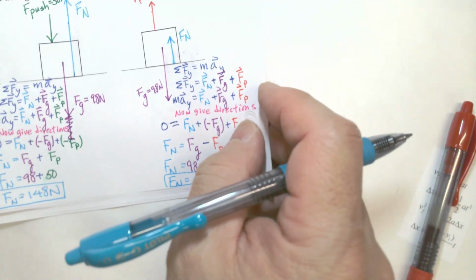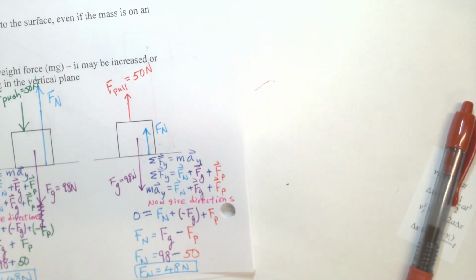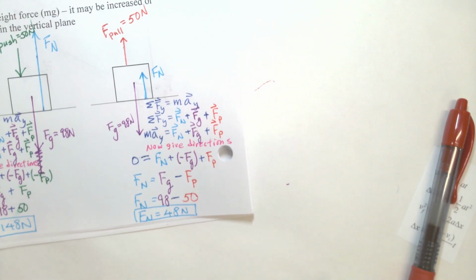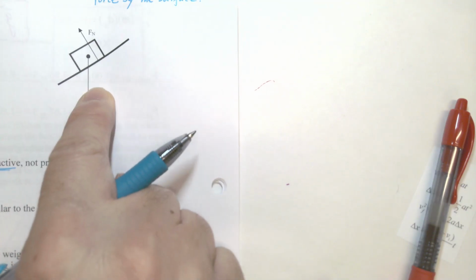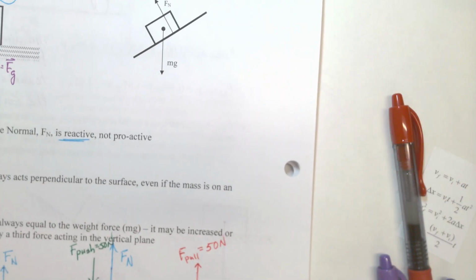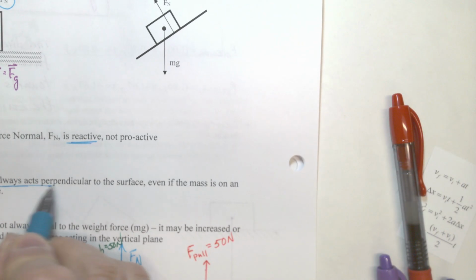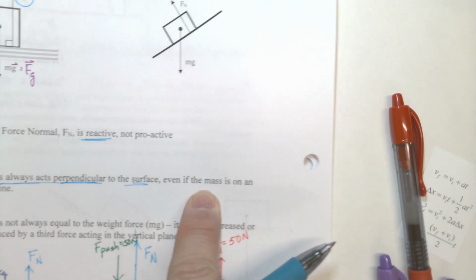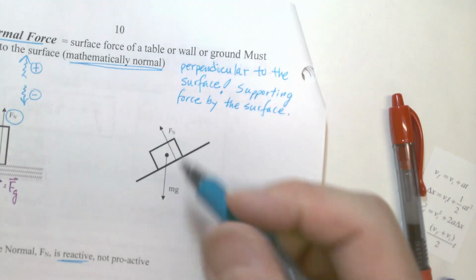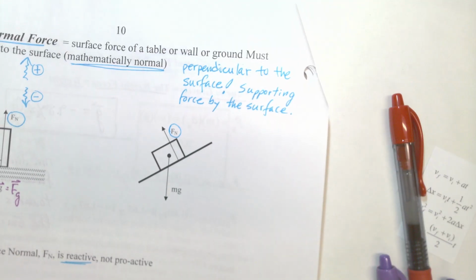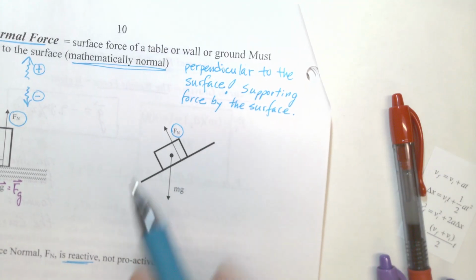So what happens when we actually place an object instead of on a flat horizontal surface? What if we place it on an incline like this? Well, F normal always acts perpendicular to the surface, even if the mass is on an incline. So this is my F normal right here. It's perpendicular to the surface.